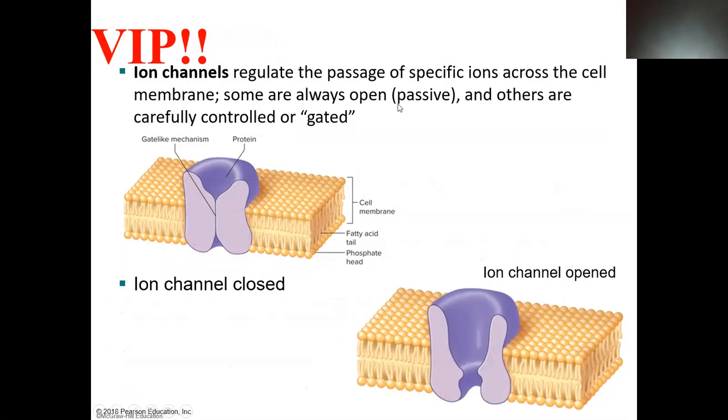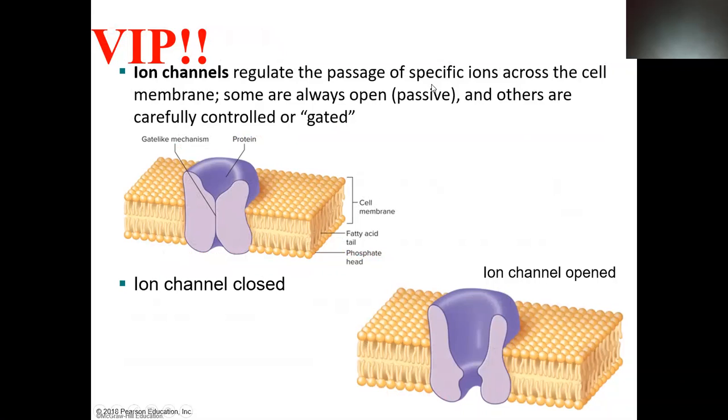That potassium that will naturally come out of the cell will go through an open leak channel. So you may see it referenced as passive or you may see it called leak. Either way, it's the same thing. So this leak channel, it stays open, which is why potassium can actually leave the cell.